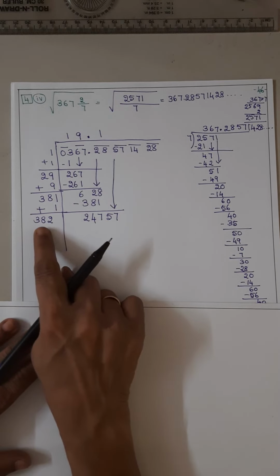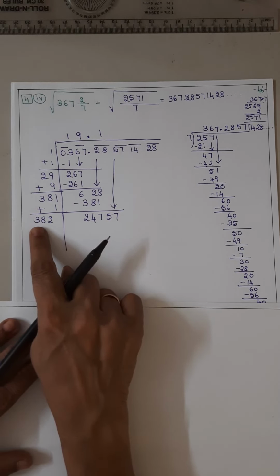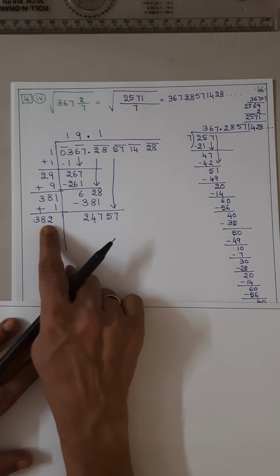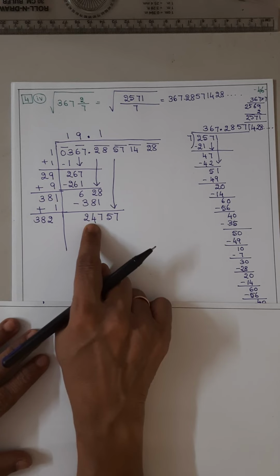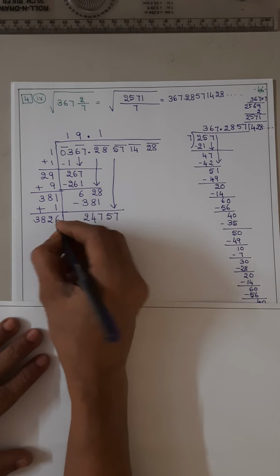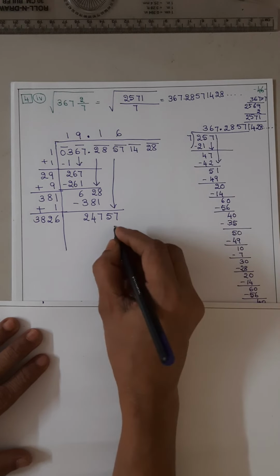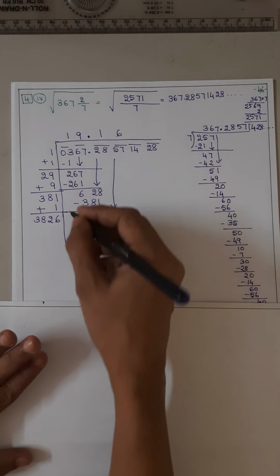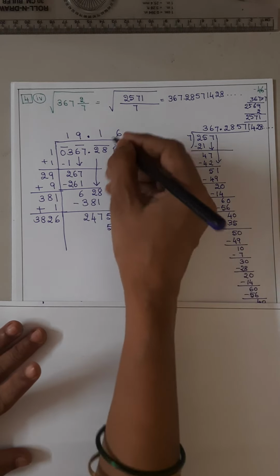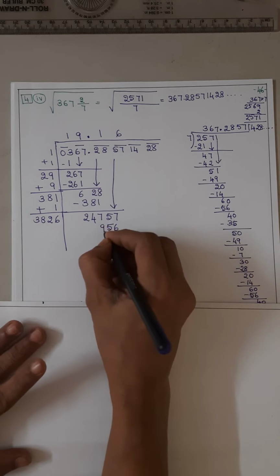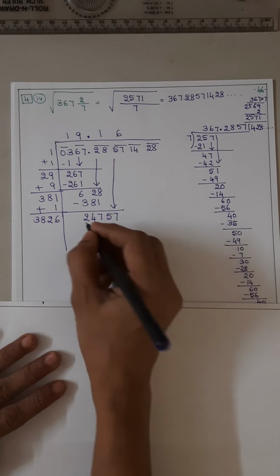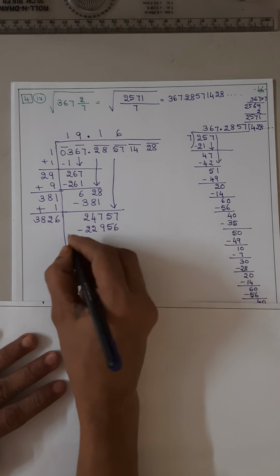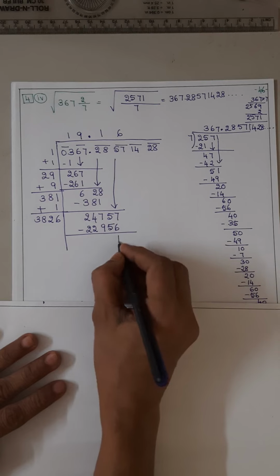Now it is 3 digits, 5 digits. 3 how much are 24? 3 8s are 24, but we can put only 6. 6 6s are 36. 6 2s are 12, 15. 6 8s are 48, 49. 6 3s are 18, 19, 20, 21, 22. 7 minus 6, 1.